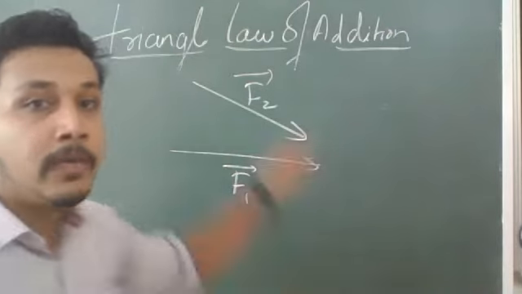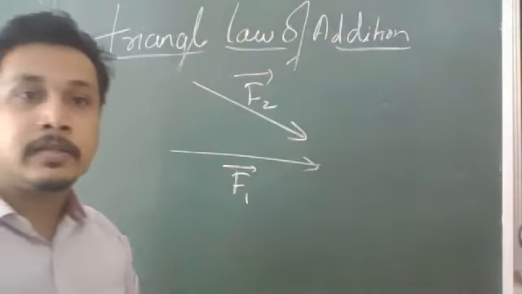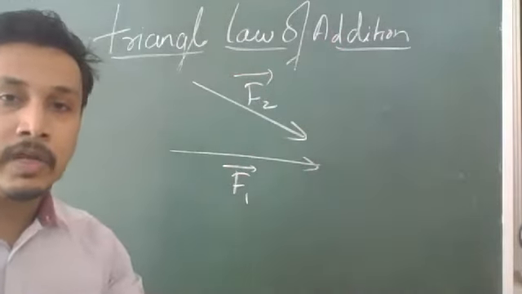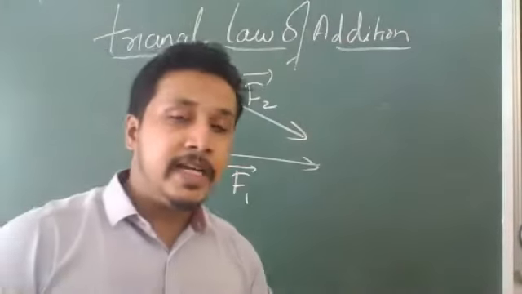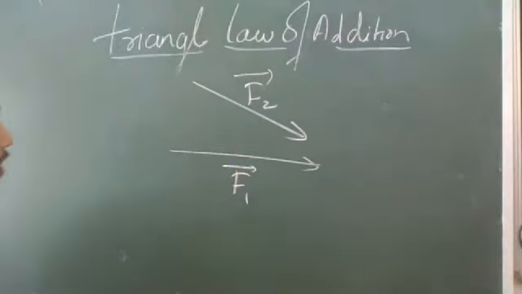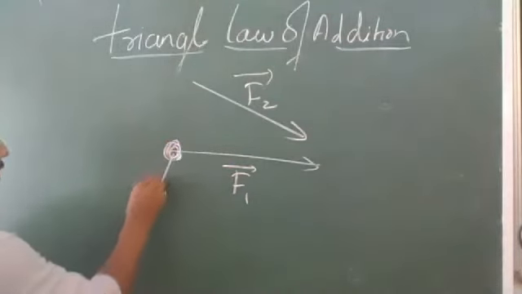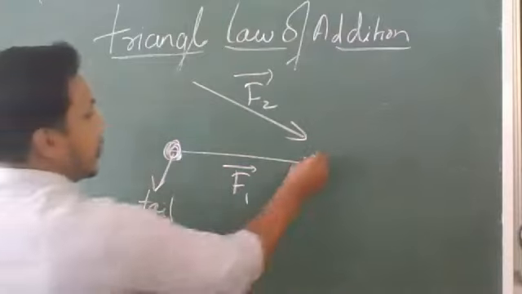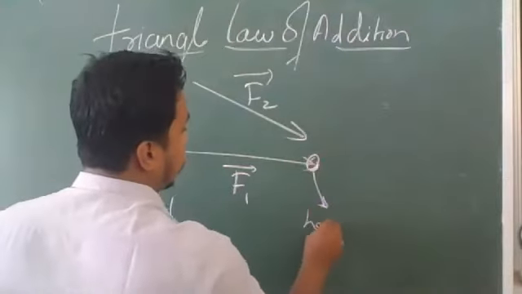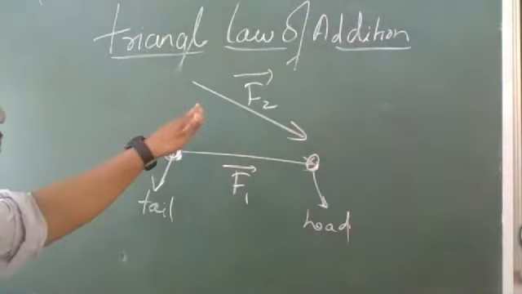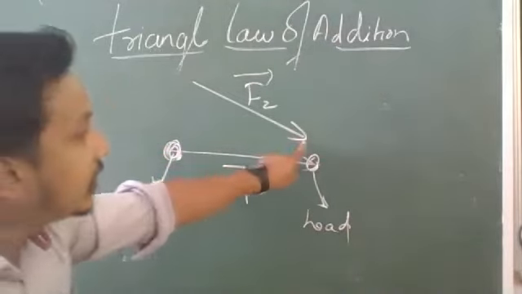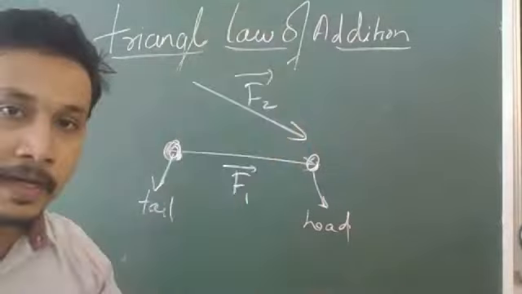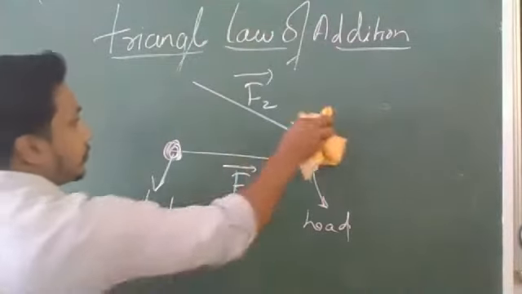So for that, we require the triangle law of vector addition. You have to remember just one thing: for the addition, this part is called the tail, and this part is called the head. The tail part should connect with the head part of the other vector. Let us connect it.